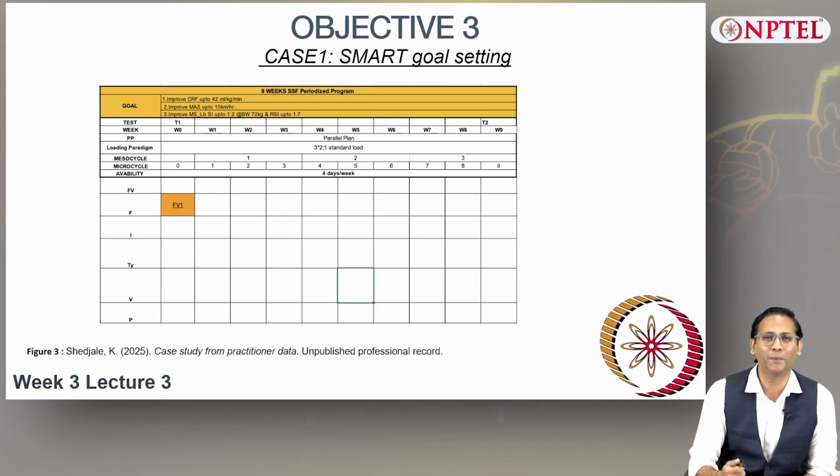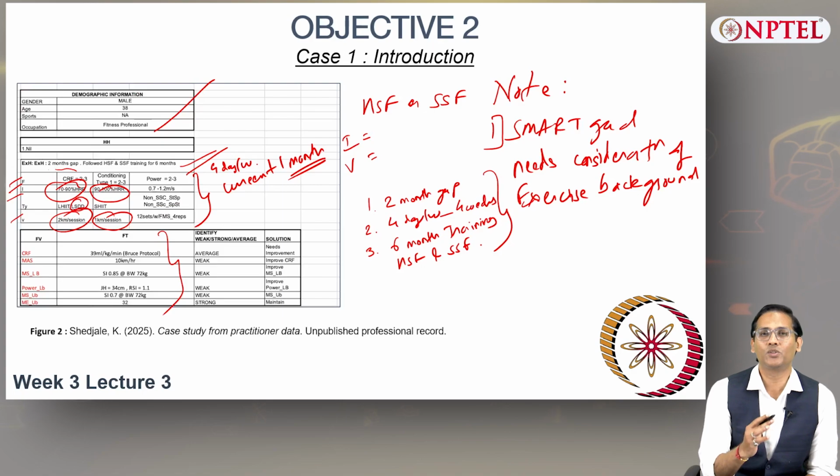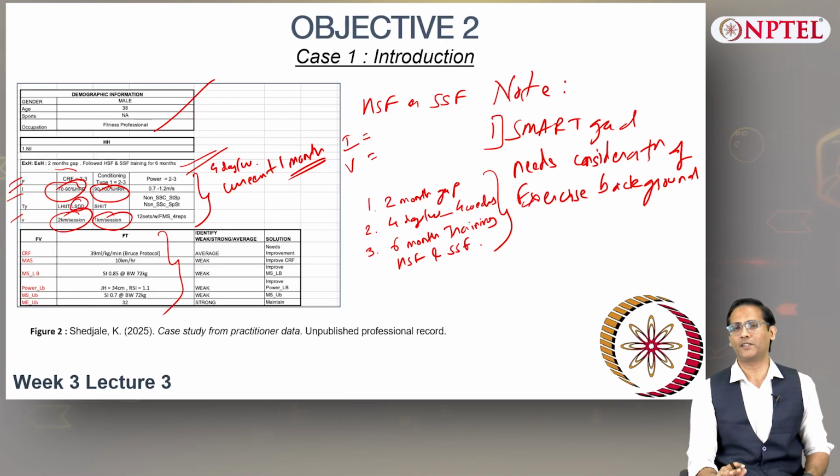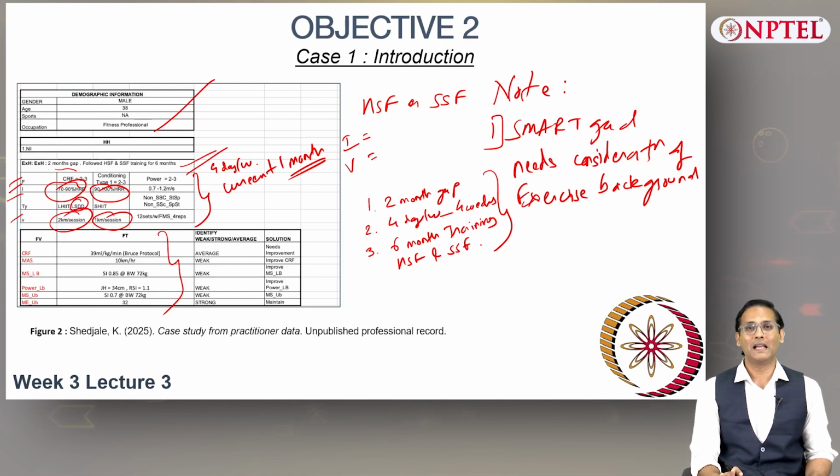That is a 10% increment, and that is because the client's goal is to have the capacity to run 2.4 kilometers and improve that run duration or run performance.